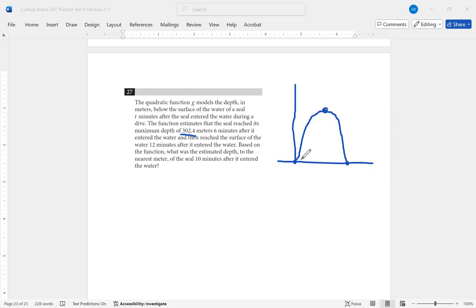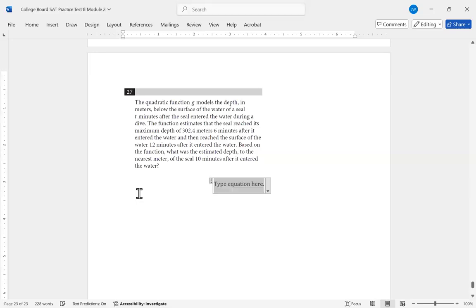We know that we're entering the water at 0, 0. Then we know the maximum depth is at 6 minutes and 302.4 meters. So that's the point 6 comma 302.4. And then we're back out of the water at 12 minutes, so 12 comma 0 would be another point.